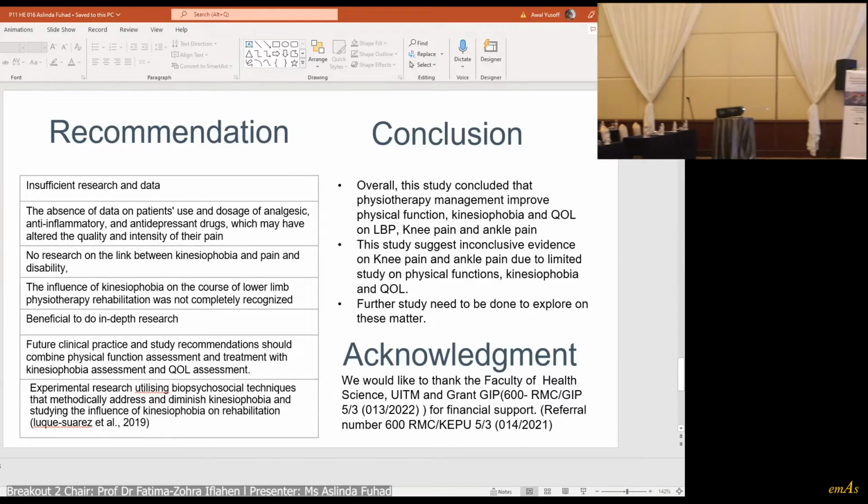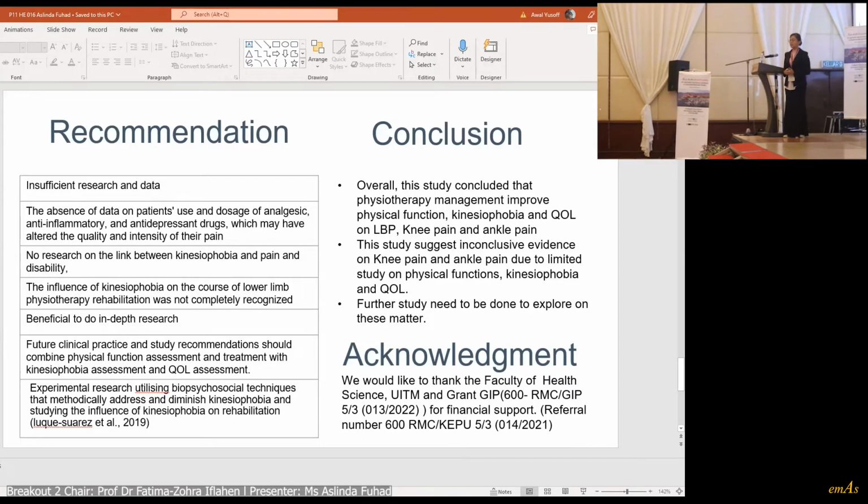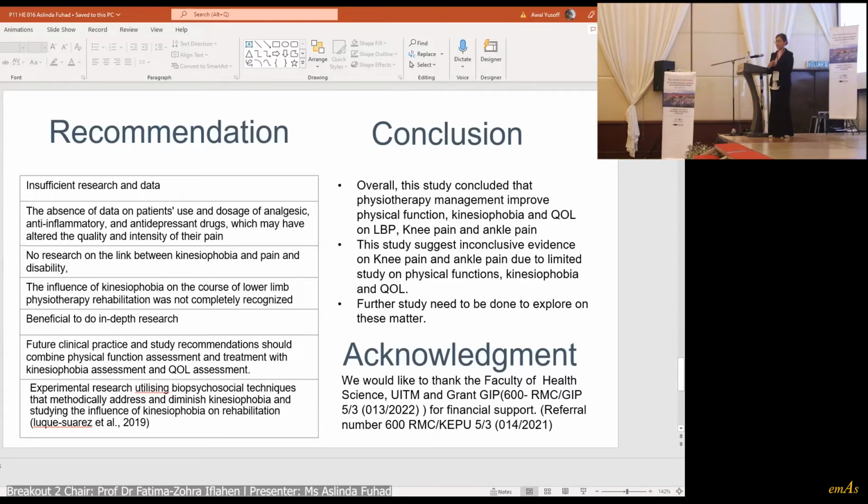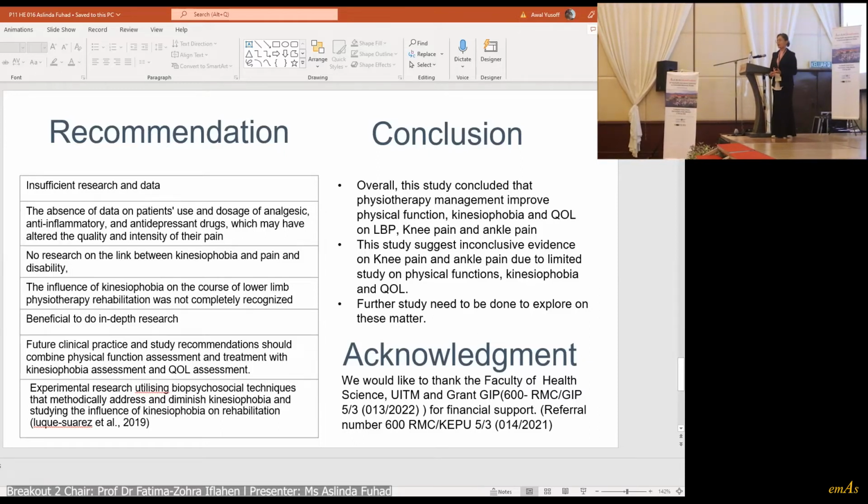I'm a PhD student right now, so my future studies actually involve kinesiophobia and biomechanics of the knee in healthy persons. So it's involving everything. So this is an ice-breaking thing for me before I go through my future studies.